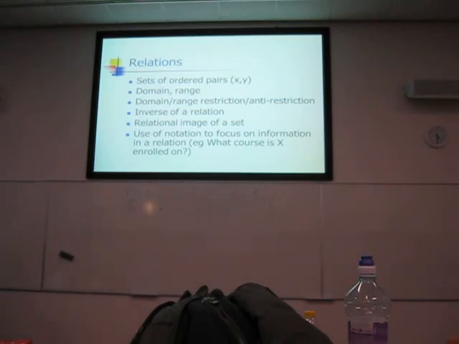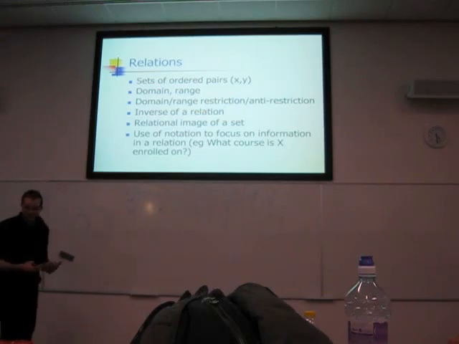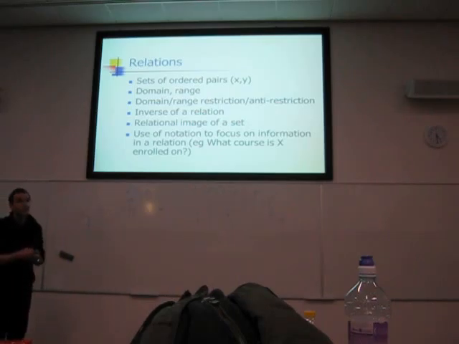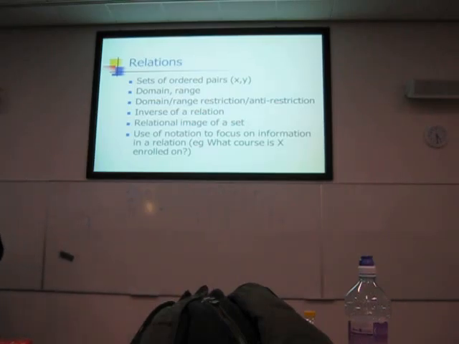So domain, range, restriction, domain range anti-restrictions, all this sort of stuff. Relation images and inverse images, whatever else. So basically, what we got out of that was a way of extracting or storing information in relations.